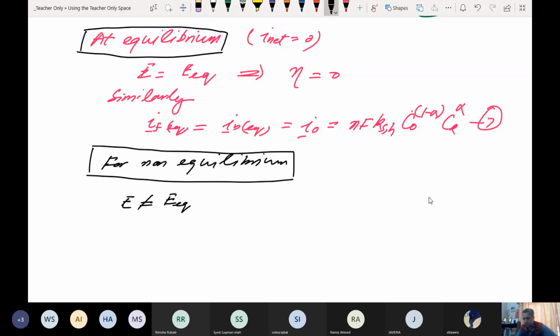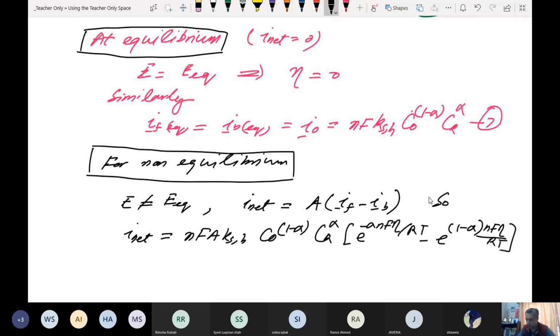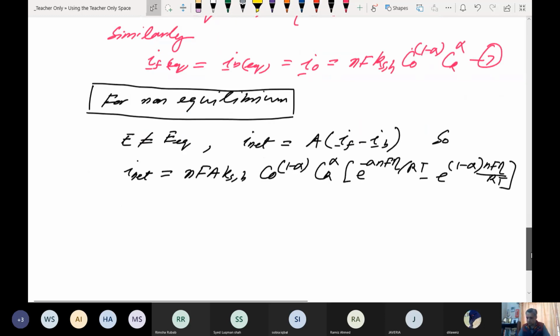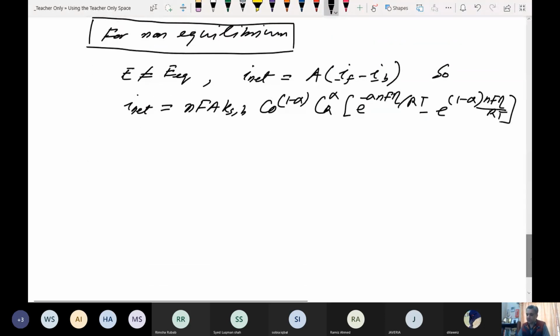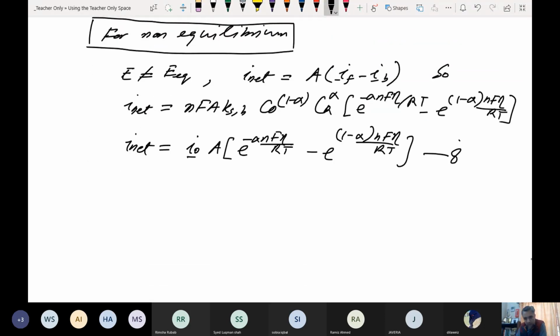It means that the net current will be equal to, so what does it mean? It means that the net current will be, which will be equation number 8.